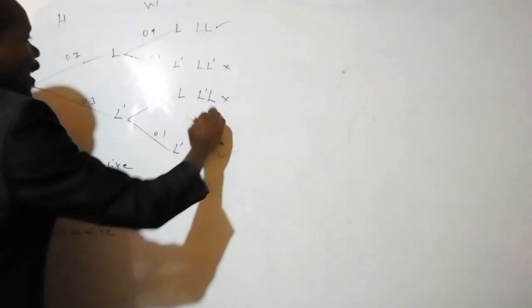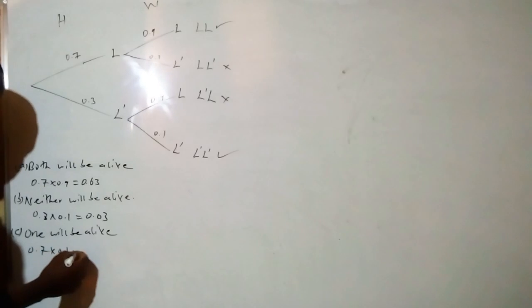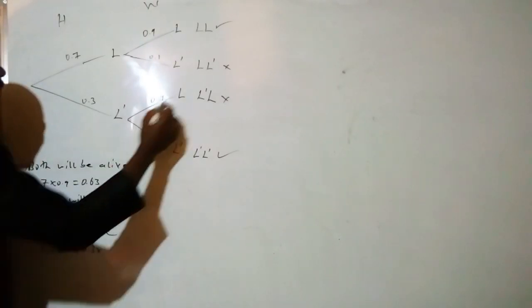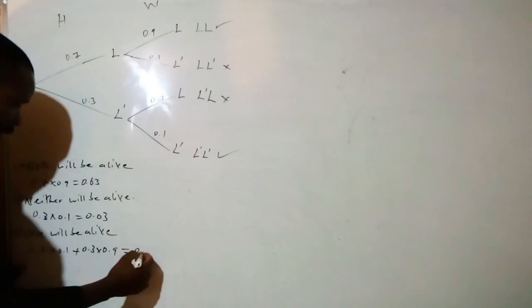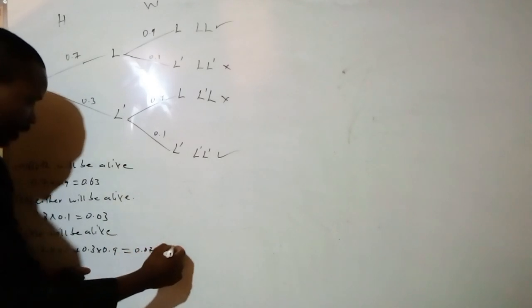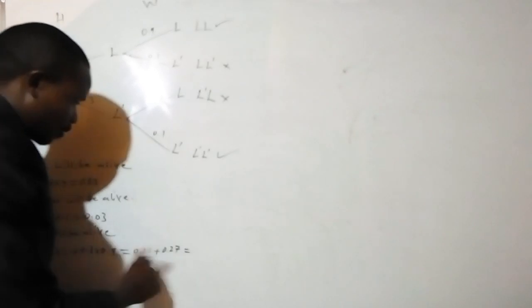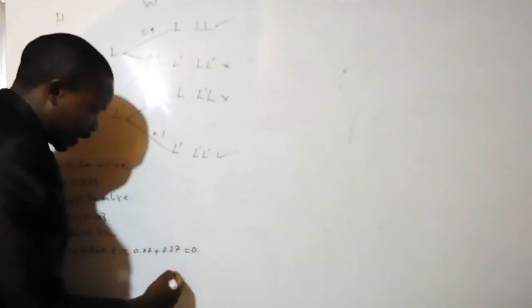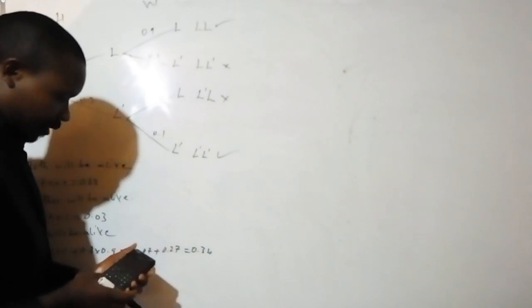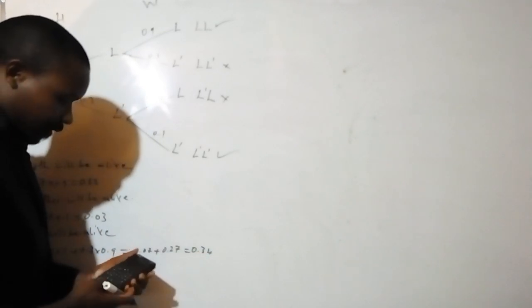We take 0.7 times 0.1 plus 0.3 times 0.9, and this is 0.07 plus 0.27. Total of this will be 0.34. Let me confirm: 0.07 plus 0.27, yes, 0.34.